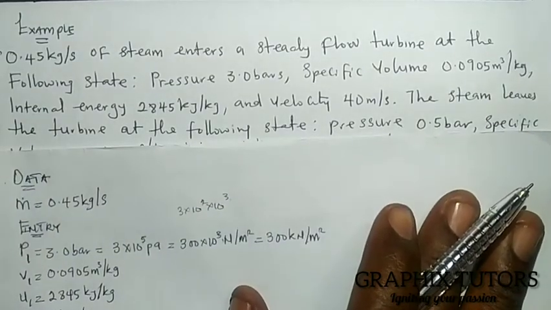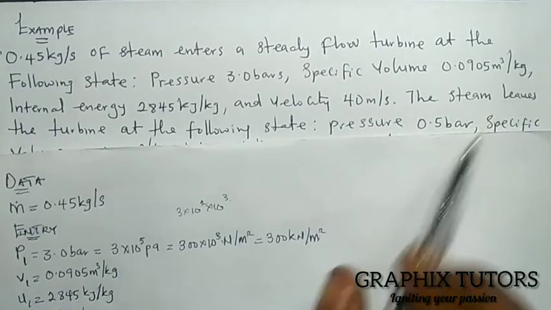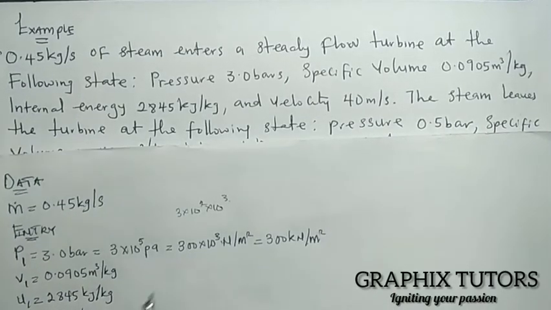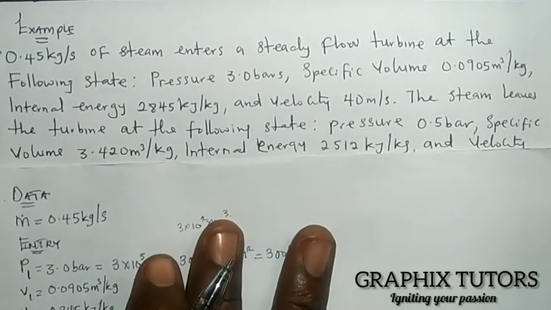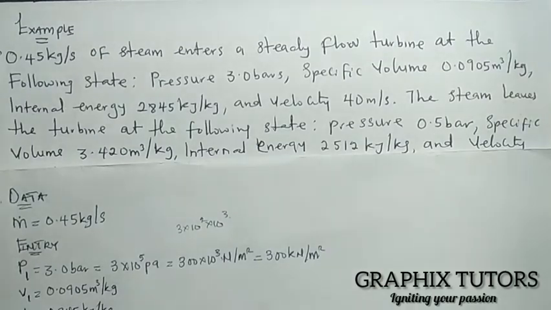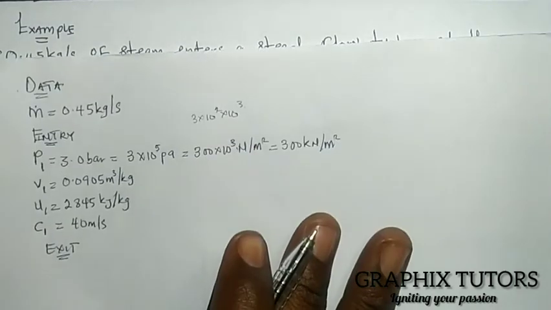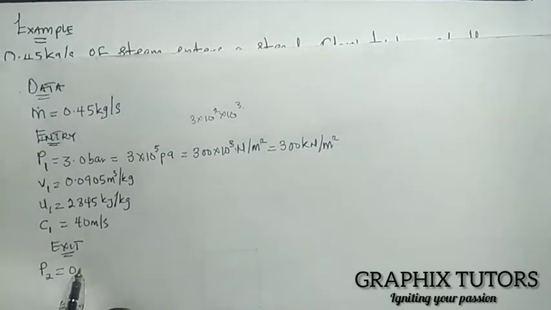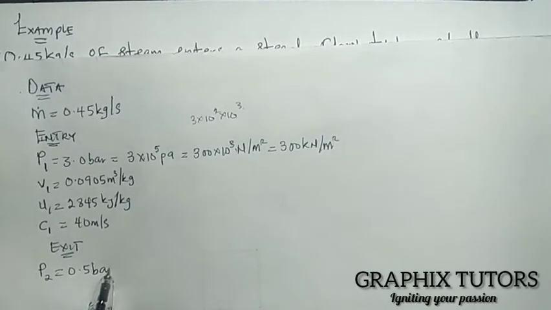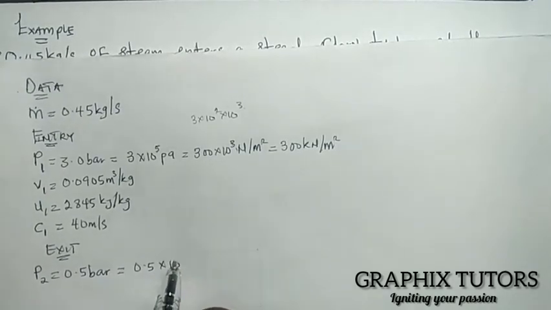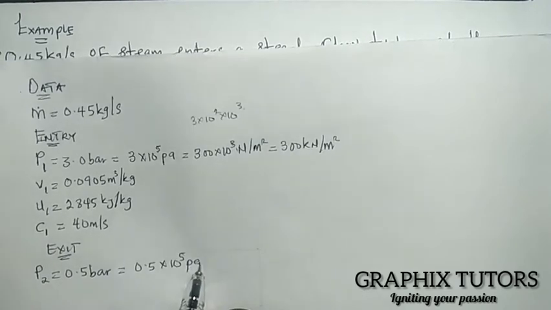The next one will be at the exit, because it still says leaves, so it will be at the exit. At the exit, the steam leaves the turbine at the following state: pressure 0.5 bar. So we have P2 equal to 0.5 bar, right? If you convert this, it gives 0.5 times 10 raised to power 5 Pascal.